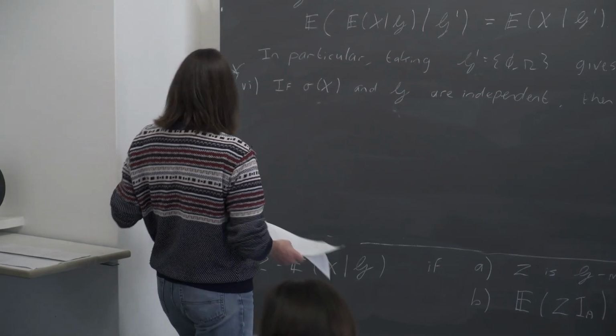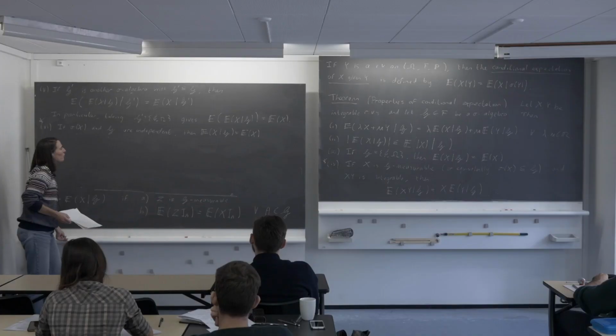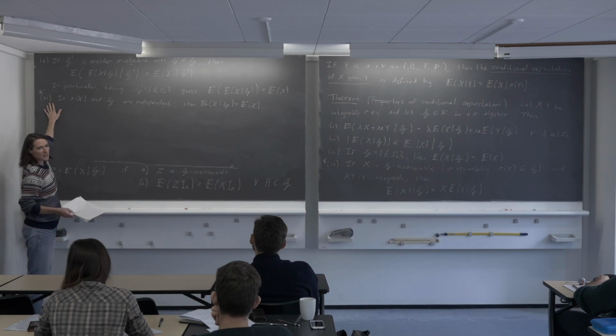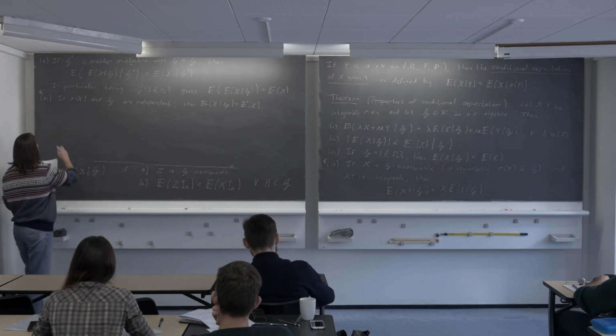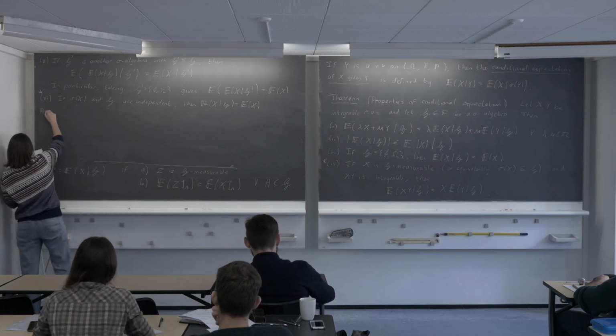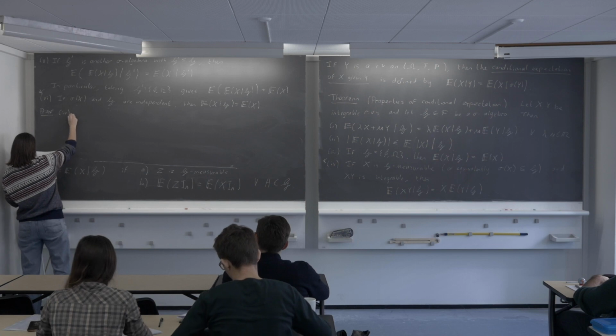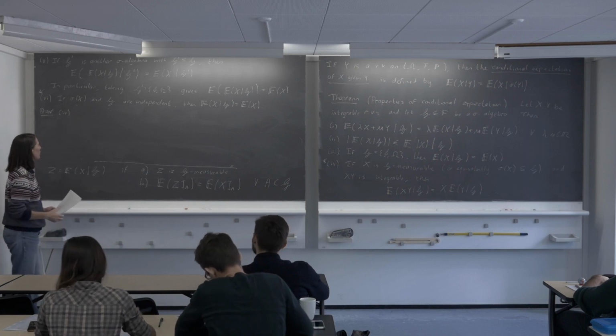Okay, I know I've run a little bit over, but I just want to give you a little idea how to prove these. I'll only prove number 6. The other ones are on the exercise sheet for you to prove, but it's a two-line proof, so I'll quickly give it to you. So what do we do?